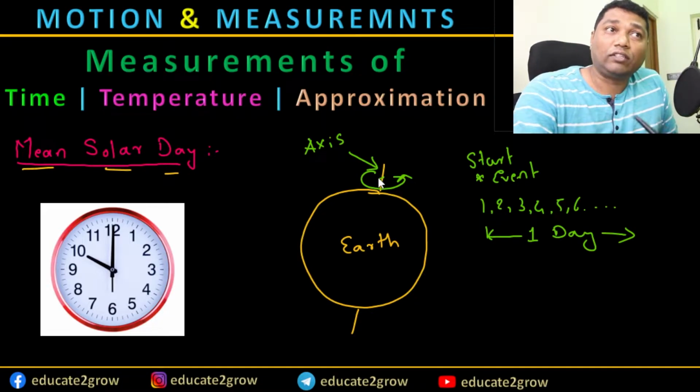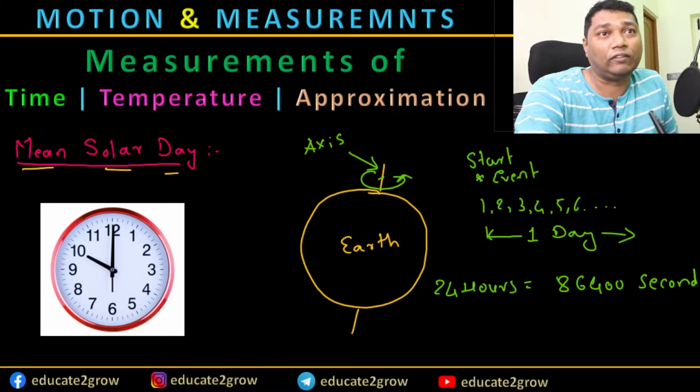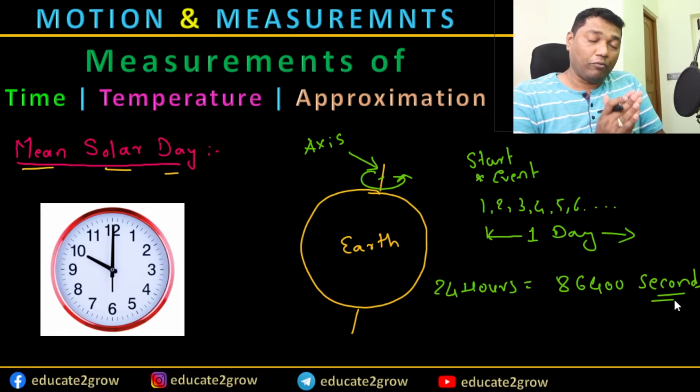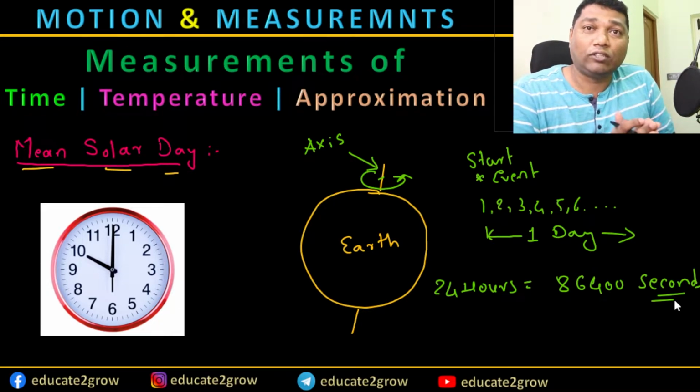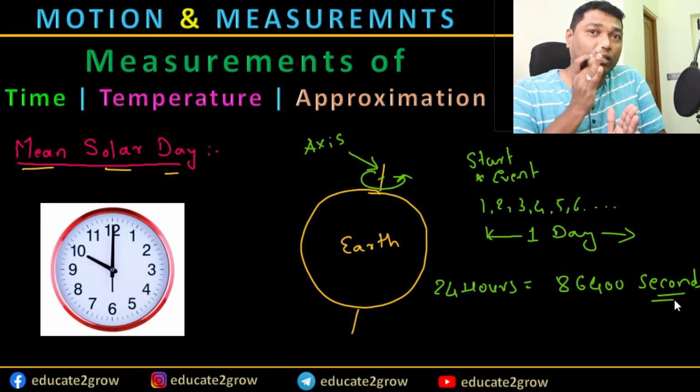That takes 24 hours, which means 86,400 seconds. We can say one day equals 86,400 seconds; it is a fact and the right answer.